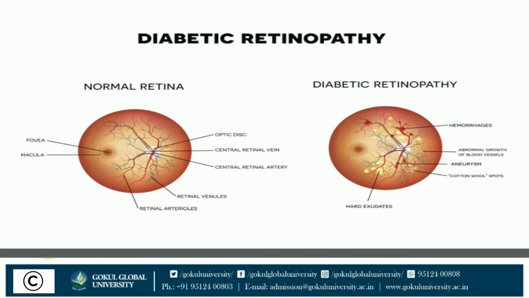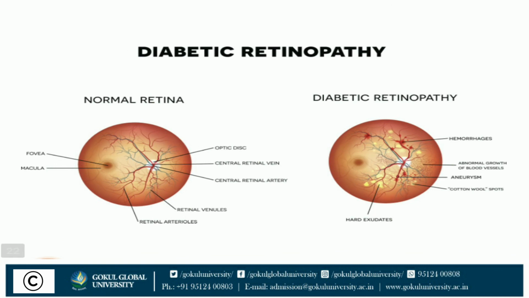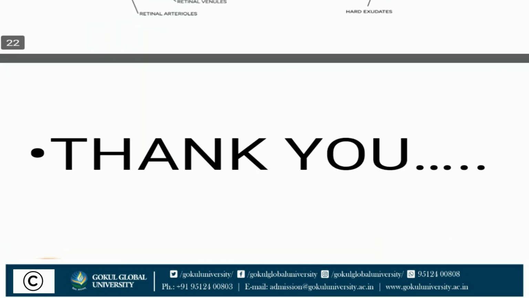In diabetic retinopathy, we see hemorrhages, abnormal growth of blood vessels, aneurysm, dilatation of veins and arteries, cotton wool spots, hard exudates. In the retina there will be an end artery. This is the difference you can see by ophthalmoscope in the normal retina and the diabetic person. Thank you everyone.